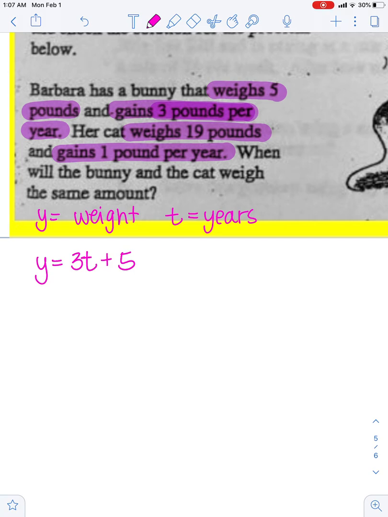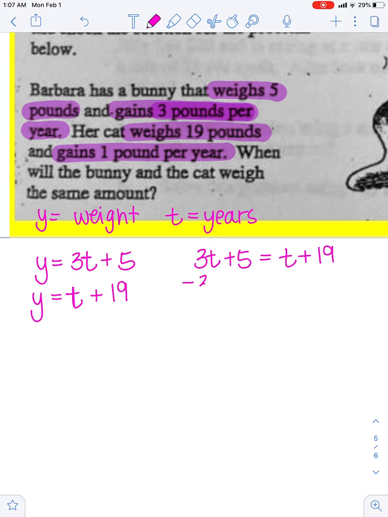And then the cat's weight, which is also y, will equal 1 times the number of years, so just the number of years, plus the 19 pounds that he weighs now. So I'm going to set 3t plus 5 equal to t plus 19.